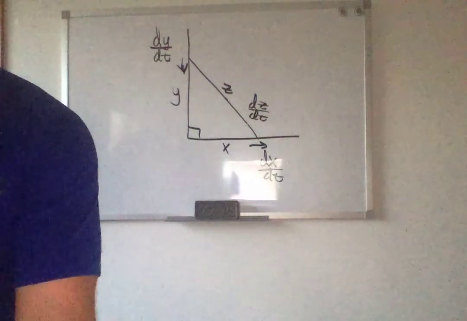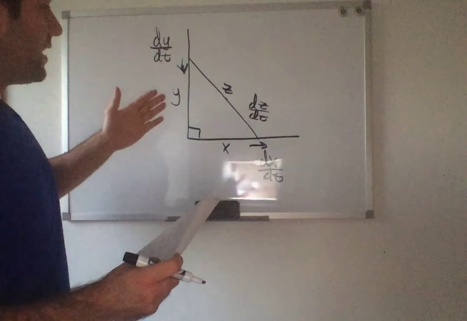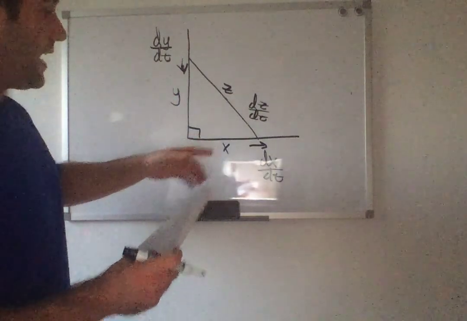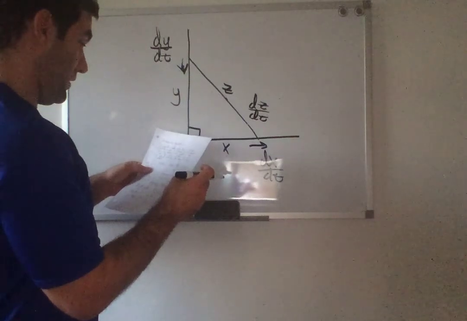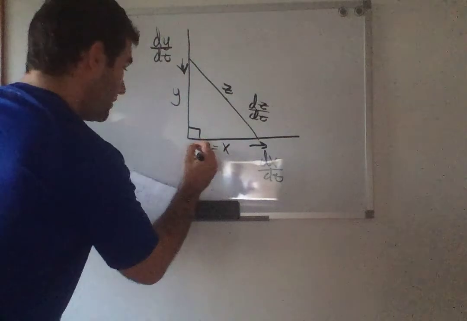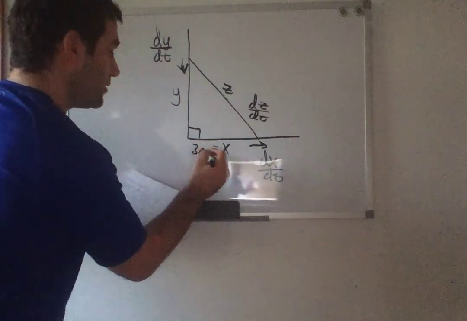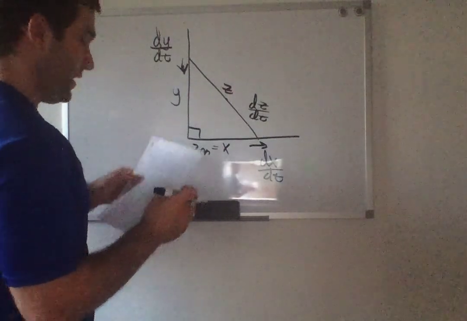We've got our givens, so let's go ahead and write our givens on here. Now, the x distance. At the moment when the bottom of the ladder is 3 meters away from the wall, so from here to here is 3 meters.